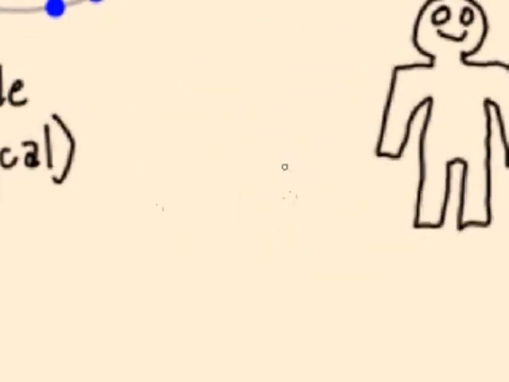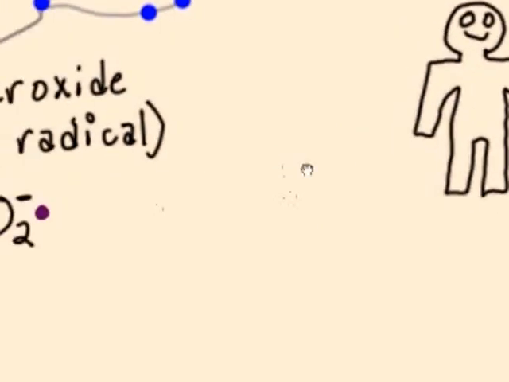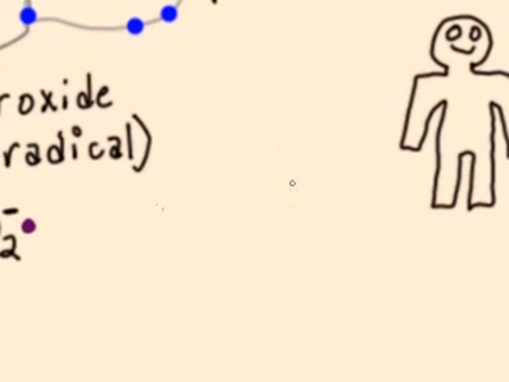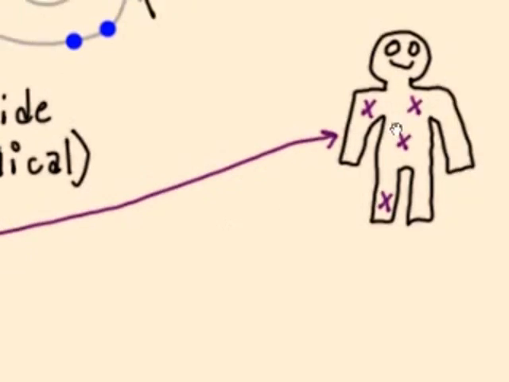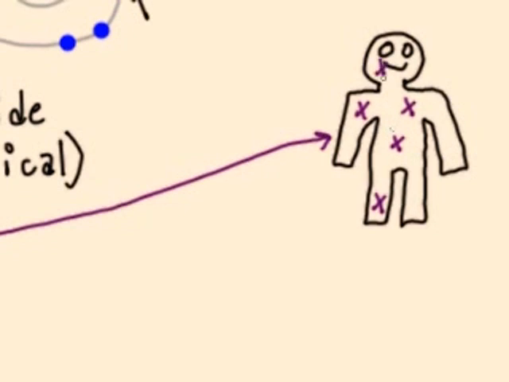And so what the superoxide does, the superoxide actually attacks the body, several structures in our body, and it oxidizes. It oxidizes DNA, it oxidizes proteins, fats, anything that it can in our body. And that causes a lot of destruction in our body.